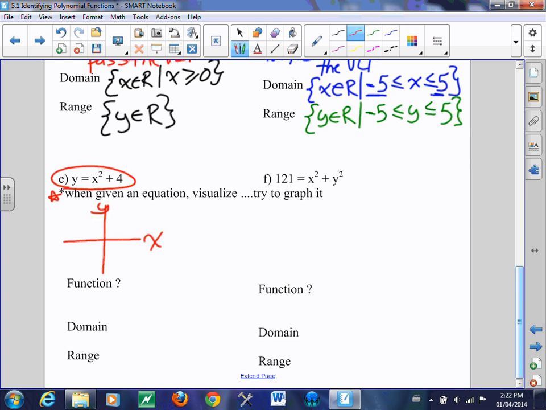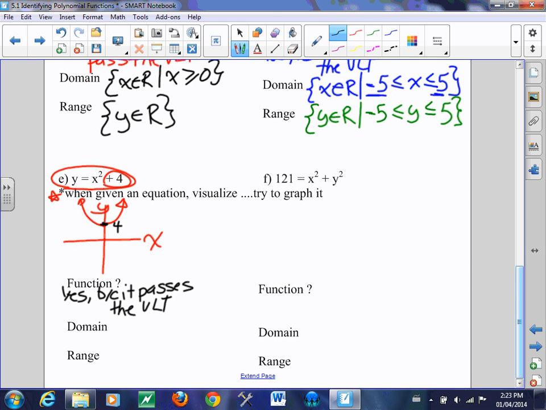And the base quadratic is y equals x squared. But what have we had to do with it? Add 4. So all I'm going to do is take it and add 4, which tells me that my minimum is at 4. Again, we could use a vertical line test. And as we go left to right, we see that it is a function. So yes, this is a function because it passes the VLT.